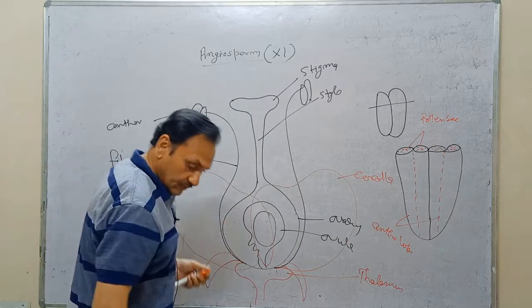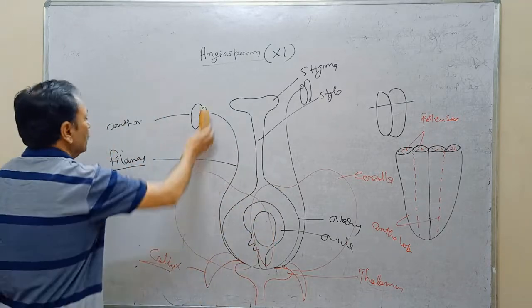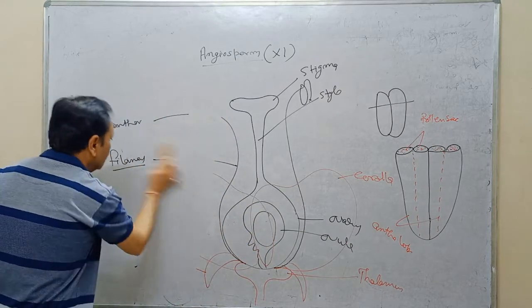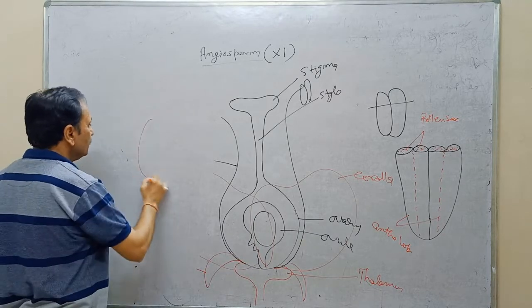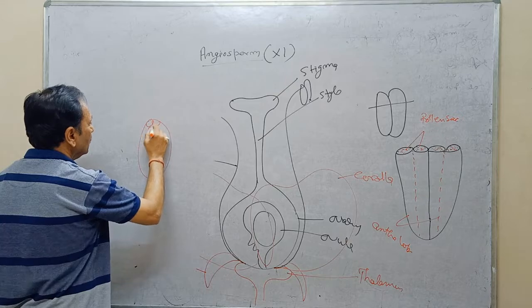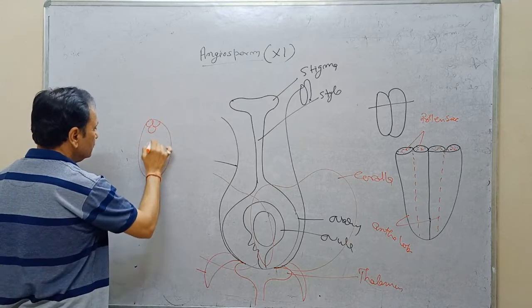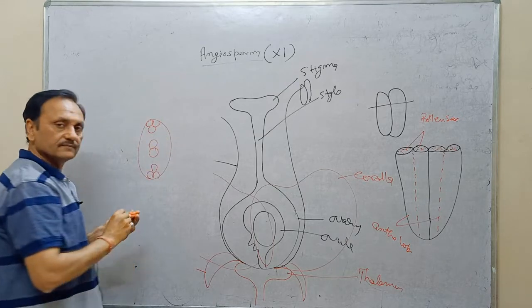In the case of the ovule, we will see that inside the ovule, 8 cells are present.